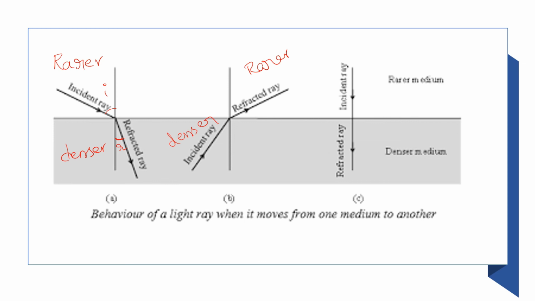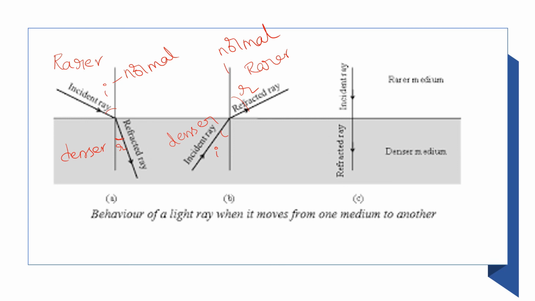This is the normal. Here this is the angle of incidence and this is the angle of refraction. So in this case, the angle of incidence is less than the angle of refraction.